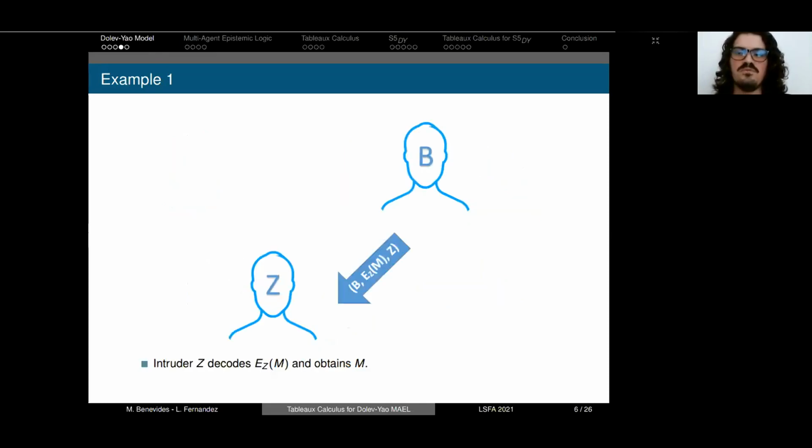User B will read the message because it's encrypted under his encryption function, and replies to Z using EZ(M), because the protocol says that he will reply to the user that sent him the message. Since the intruder has this decryption function, DZ, he can decode the message and obtain M.